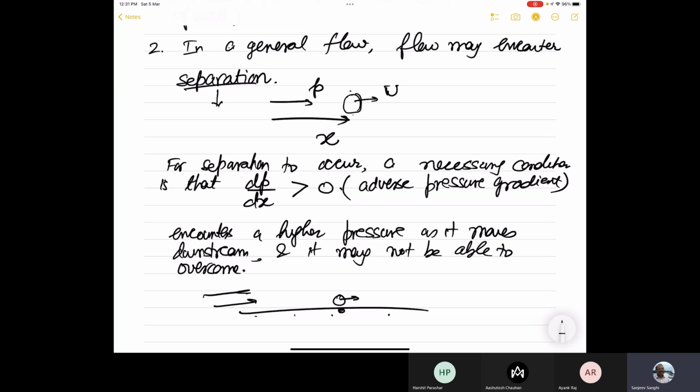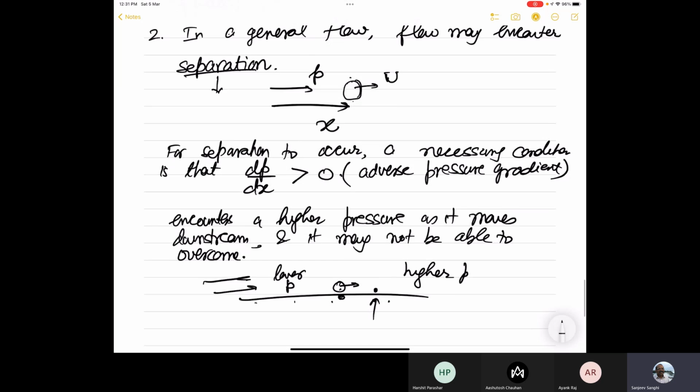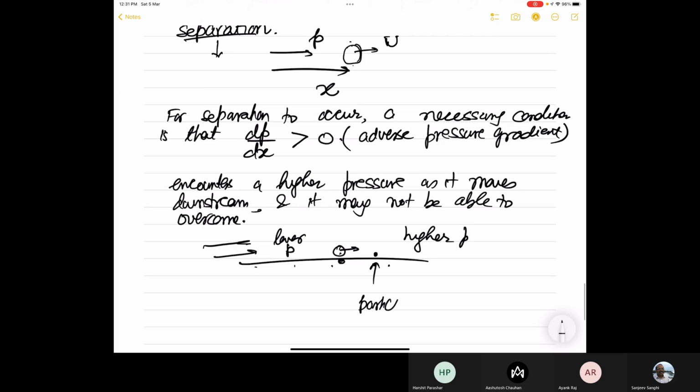As it tries to move, if there is higher pressure, lower pressure, only then will you have separation, because then what will happen is eventually a point will come where the particle will have zero velocity. So the particle slows down, it retards because of this higher pressure. And at some point near the wall, it will have zero velocity.